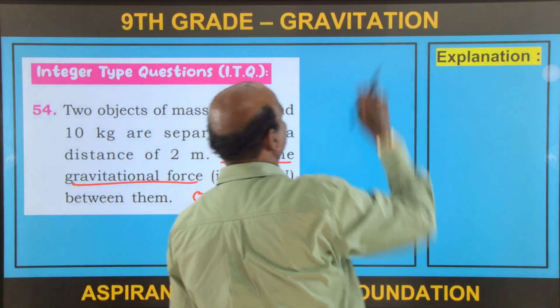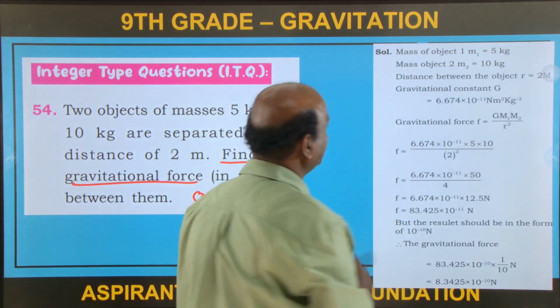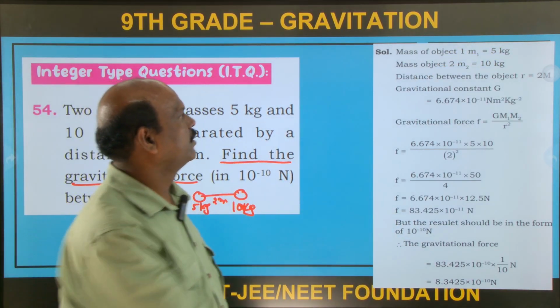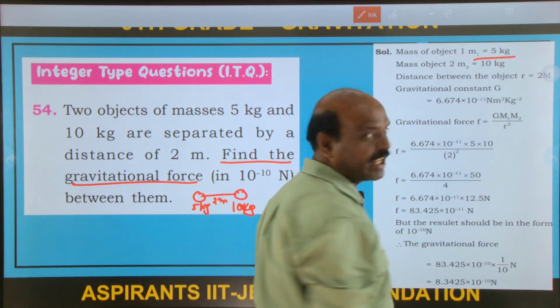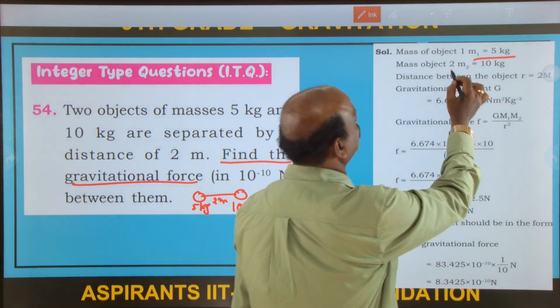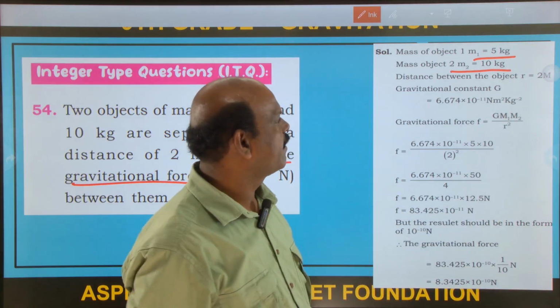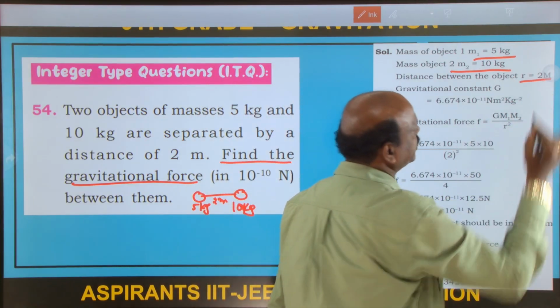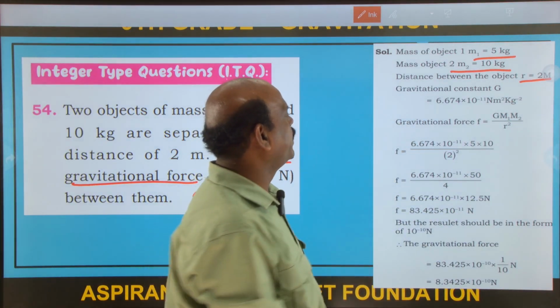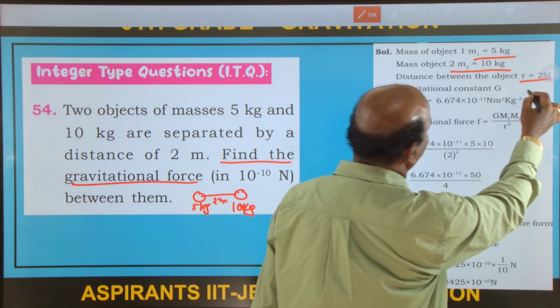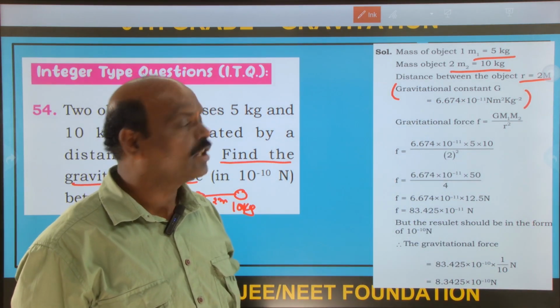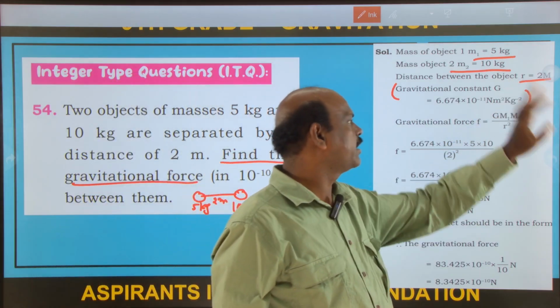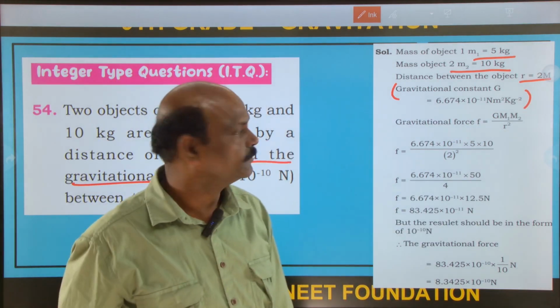Just substitute all these values, and you will get the result. Here you can see first whatever is given. Mass of the first body is 5 kgs, mass of the second body is 10 kgs, and the distance between the two bodies is 2 meters. Then you know the gravitational constant value is 6.67 into 10 power minus 11 newton meter square per kg square.